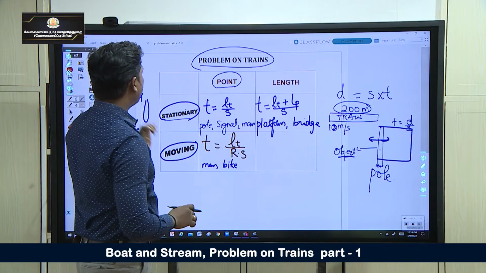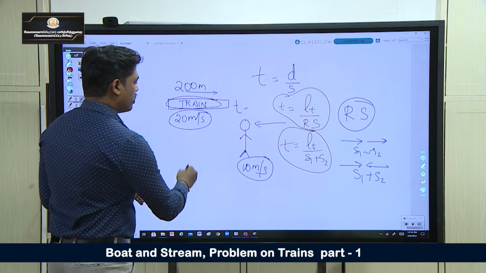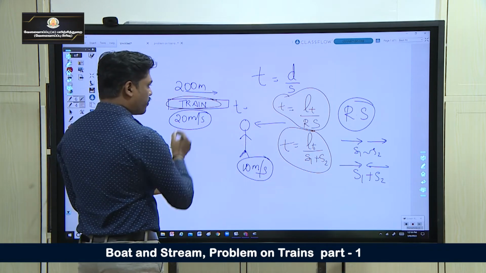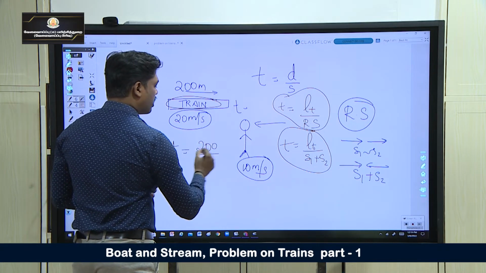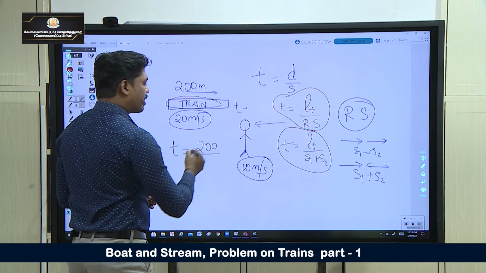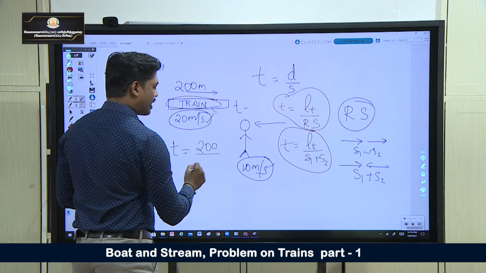So look at here. What could be the answer for this example? Time is equal to length of train, 200 meter, divided by relative speed S1 plus S2, since they are moving in opposite direction.